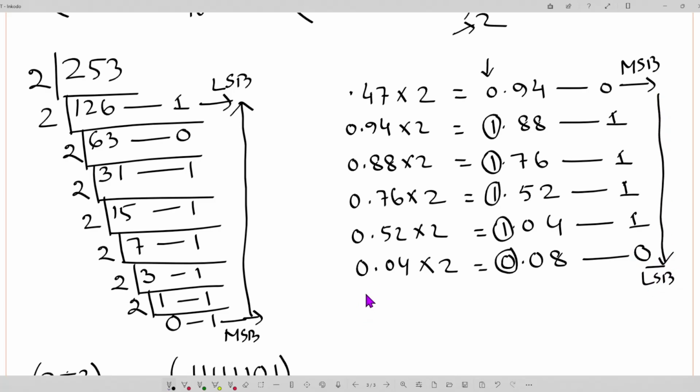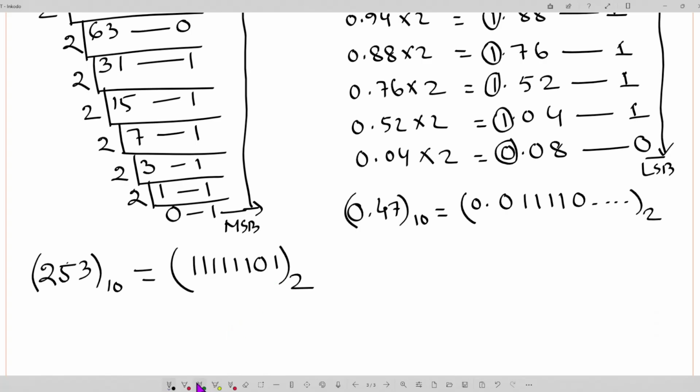So, what will be the result? We can say 0.47 is a decimal and this one we can write here, obviously after the decimal point. So, 0.011110 dot dot dot because it will continue. So, what's our ultimate result?